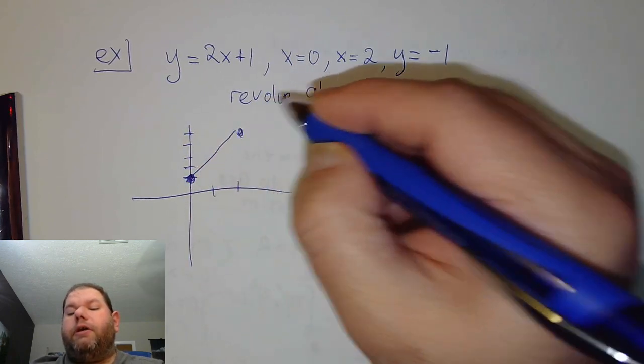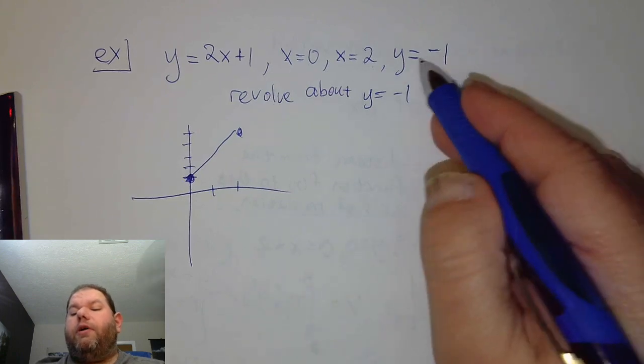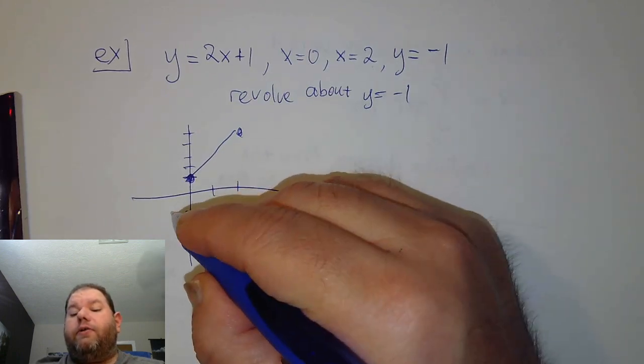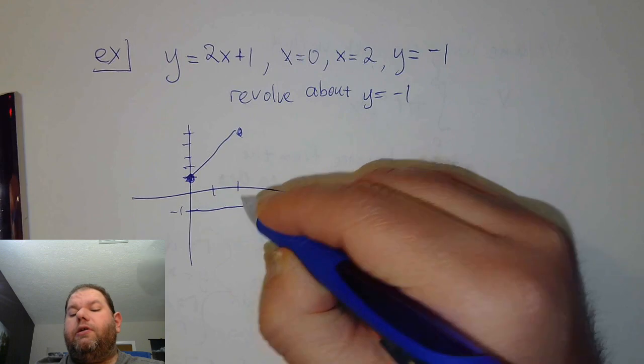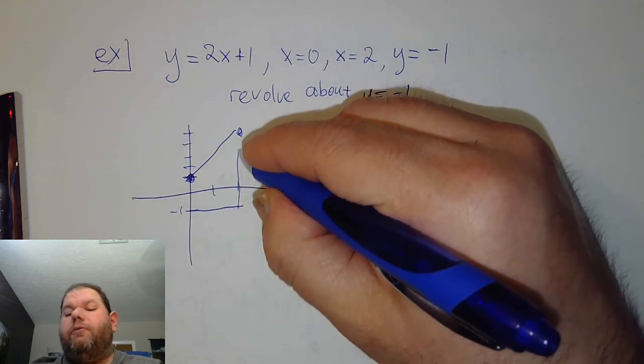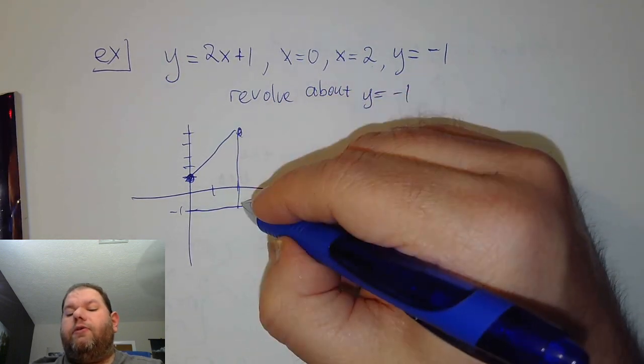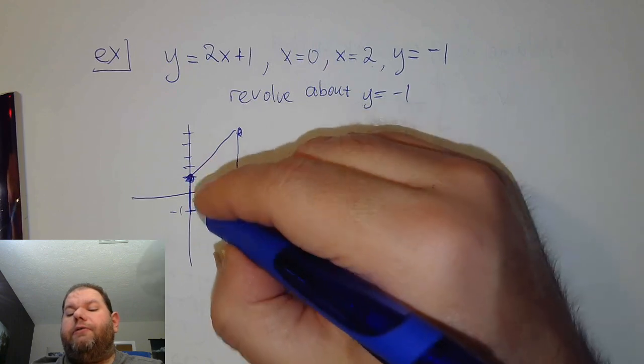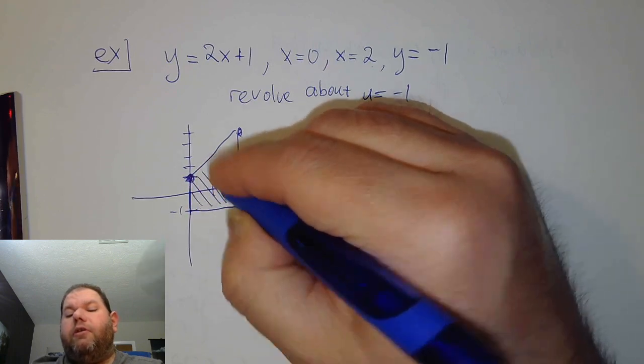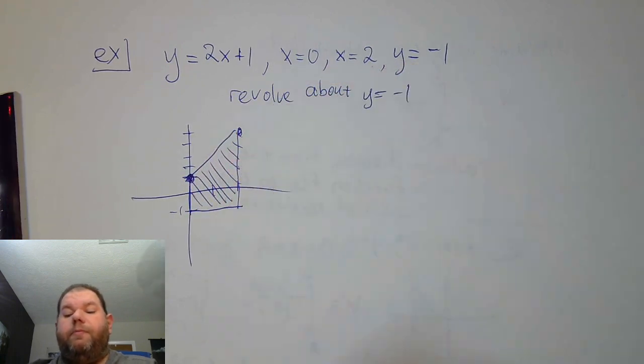So here's our line. We said y equals negative 1 is our lower boundary. And we connect those with x equals 2 and x equals 0. And we end up with a trapezoid shape.